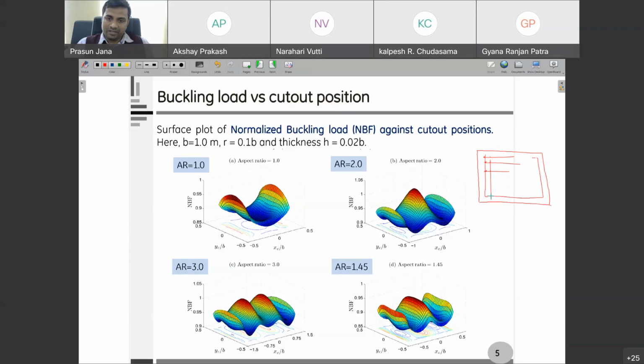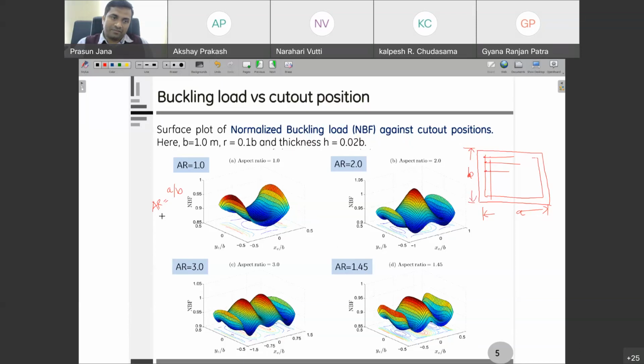Then we plot these numbers as a surface, where the center of the cutout is placed at different locations within the plate. Here AR is the aspect ratio, defined as A by B, where A is the length and B is the height.